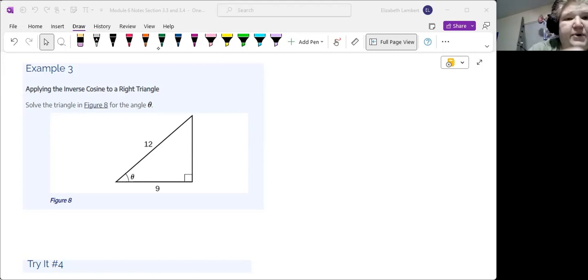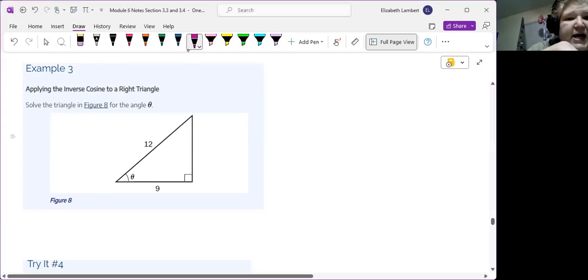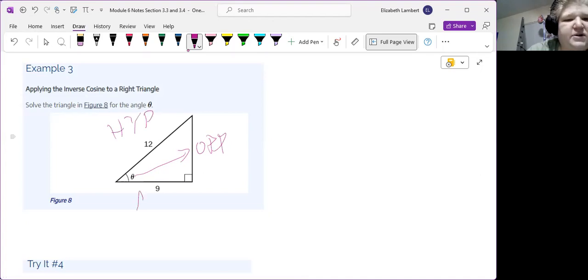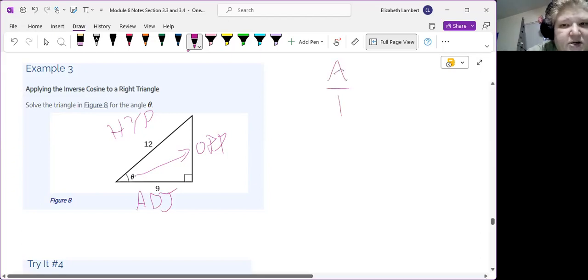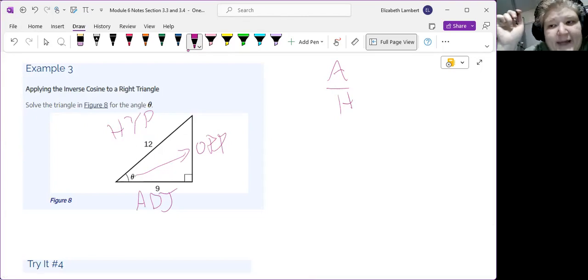All right, so remember, we're going to label our sides. That's our opposite. Across from the 90 is the hypotenuse. So this third one is the adjacent. So I need the trig function that has adjacent over hypotenuse. So ka to wa.